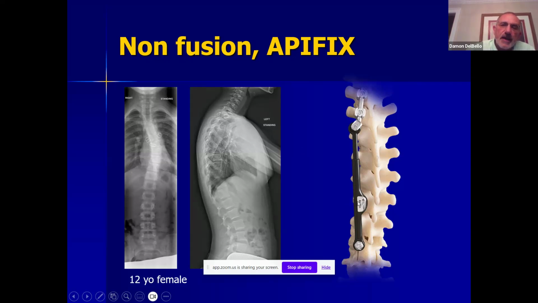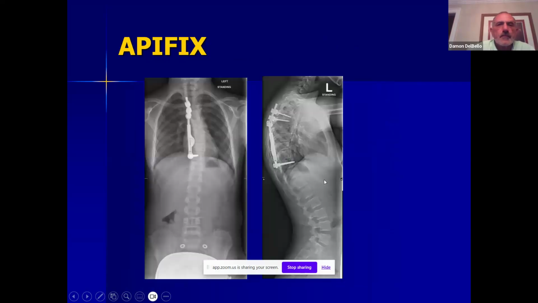So instead of us magnetically expanding it, the patient's motion and growth will cause this to ratchet out to length as they move and grow. So here's an ApiFix in place. Again, posterior, look, it's kind of kyphosing actually a little bit more than I would like, but this will be corrected later on after growth stops.